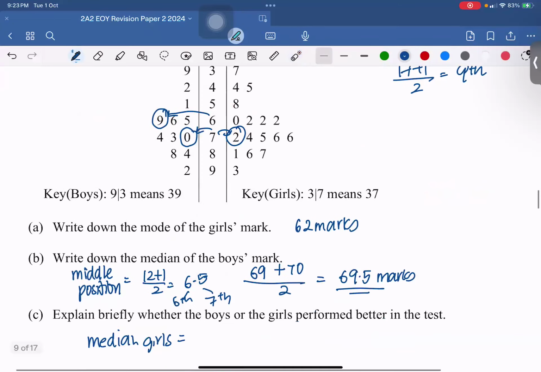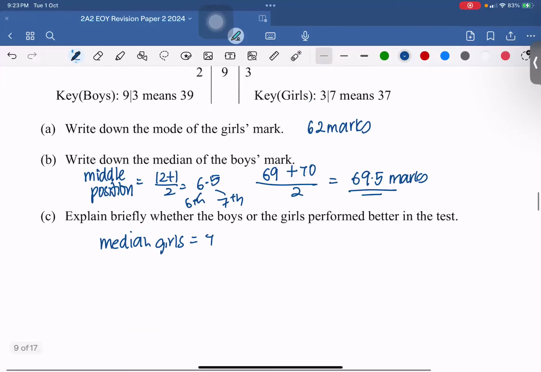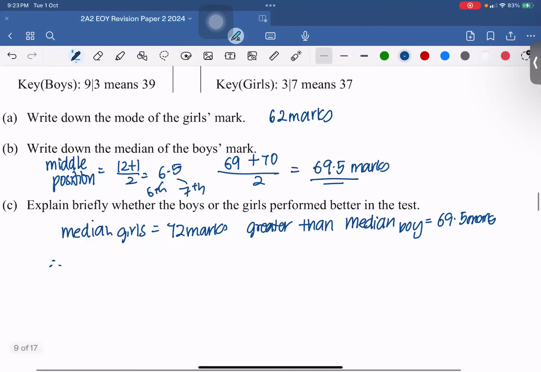So the median for the girls is 72 marks. This is greater than the median for the boys, which is 69.5 marks. Therefore, who performed better? Girls perform better.